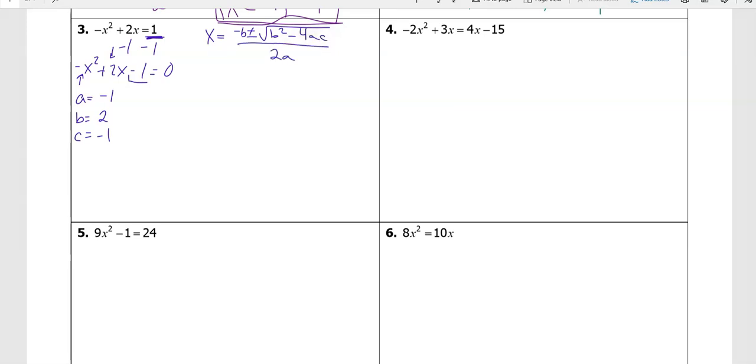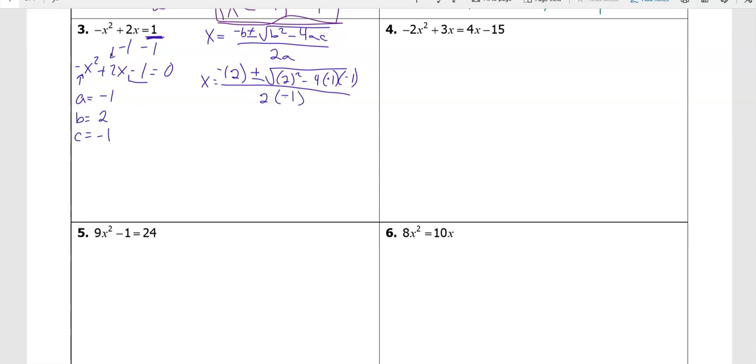All right, so now we're going to plug in our numbers into our formula, just like we have been. X is equal to the opposite of 2 plus or minus the square root of 2 squared minus 4 times negative 1 times negative 1, okay? And then that's going to be all over 2 times negative 1.